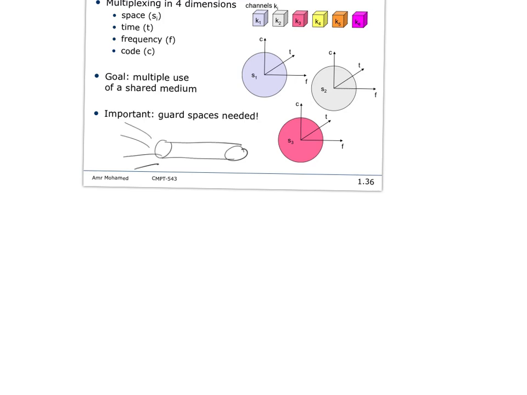Interference due to what? Yes, due to particularly multipath fading or multipath propagation, because multipath propagation creates multiple copies of the signal, which extends the time or the frequency of the signal. Okay? So in order to avoid inter-symbol interference, you need to have these guard bands, whether in time or frequency. Okay? So this is very important.